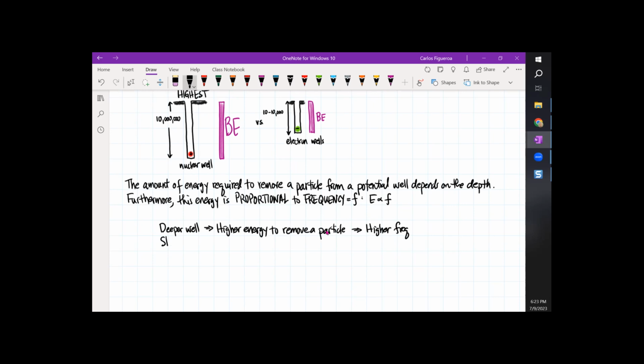If I have a shallow well, then this is going to be a lower energy. You need a lower energy to remove the particle. So therefore, this is a lower frequency.